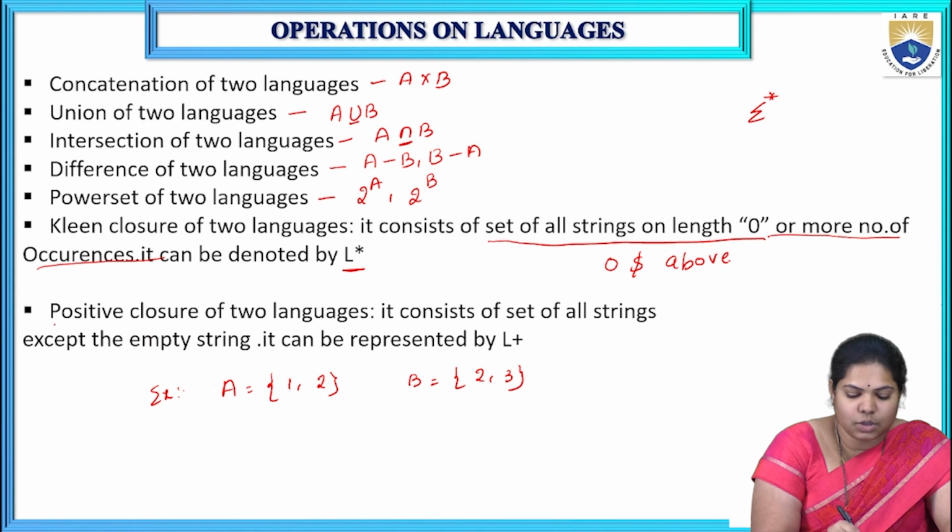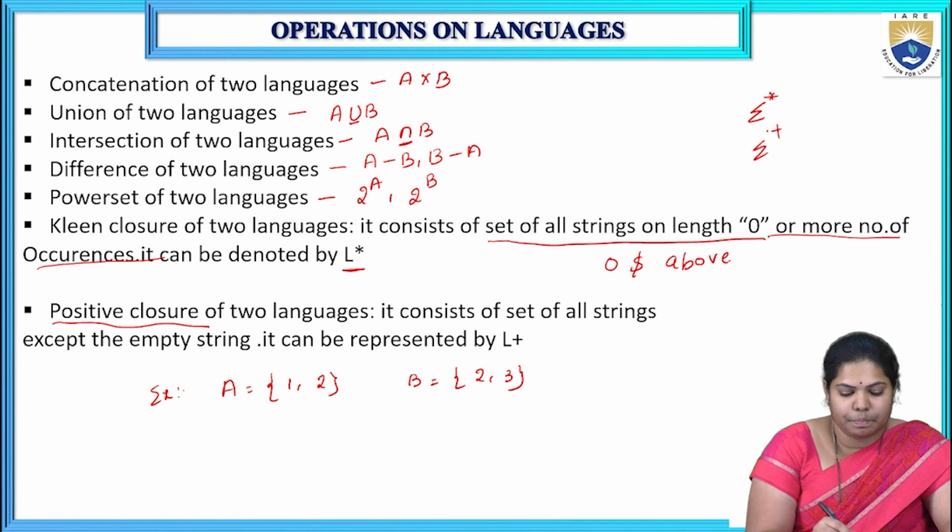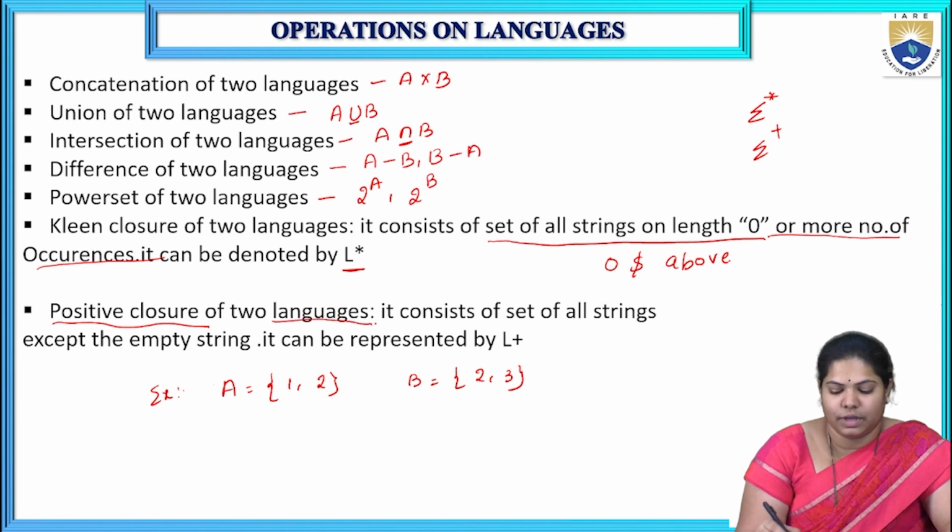The next one is called the positive closure of two languages. Here the positive closure is always represented with epsilon plus. But for the positive closure of languages, we represent it by using L power plus.